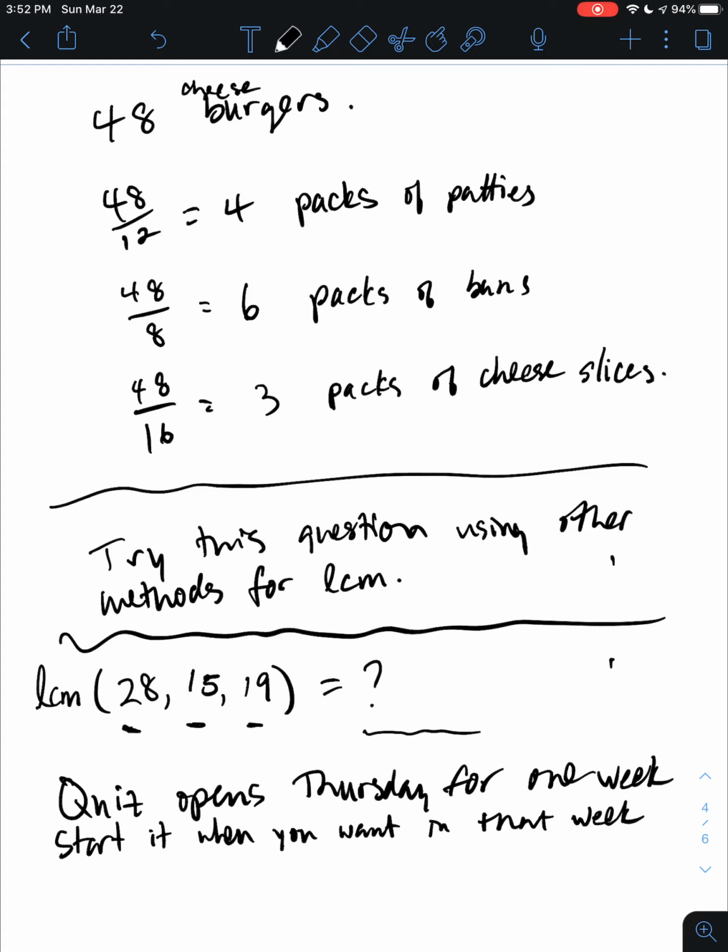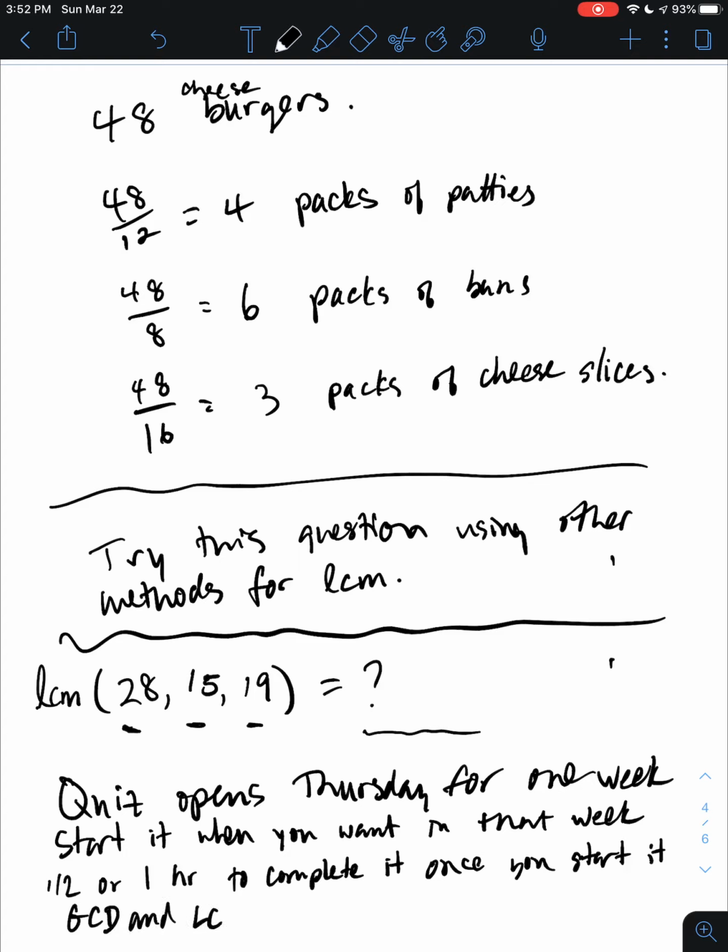I will give you a limited time, either half an hour or 1 hour, to complete. I haven't decided yet. Once you start it. And the contents of that quiz will be GCD and LCM.